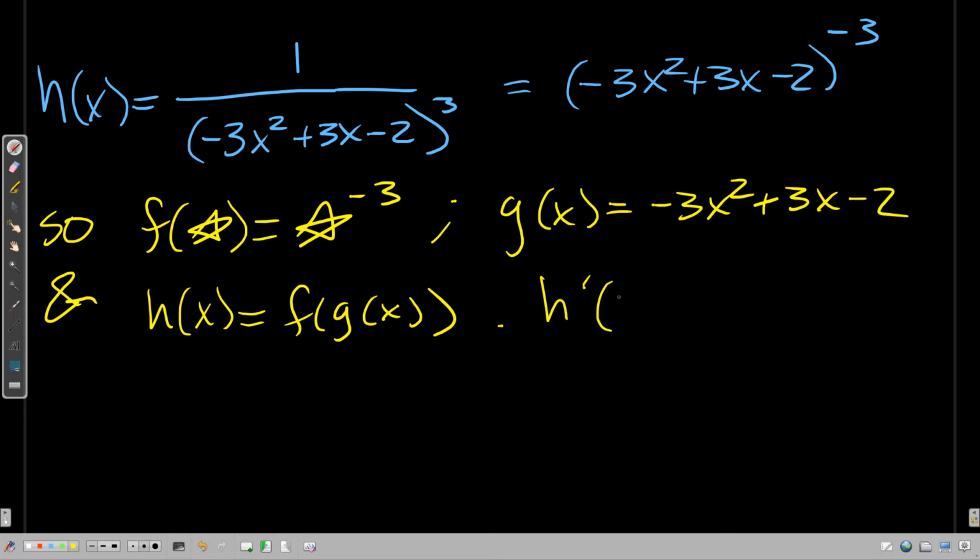h prime has got to equal the product of two derivatives. It's the product of f prime and g prime, but it's g prime of x and f prime of g of x.